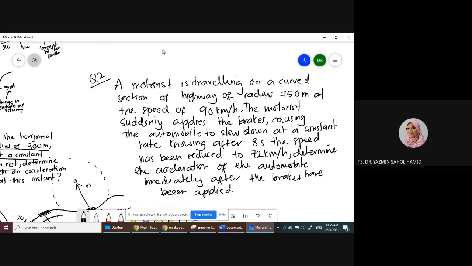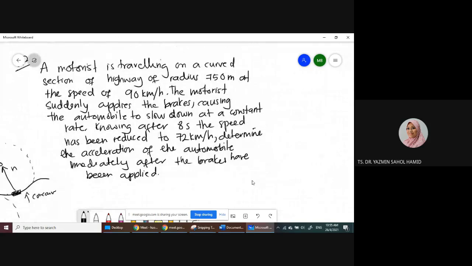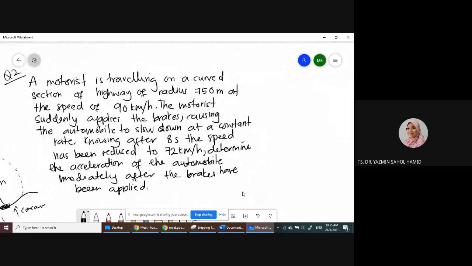Okay, so this is the question. It's very similar, slightly different. Let's have a picture of a car. Let's draw the car in purple.